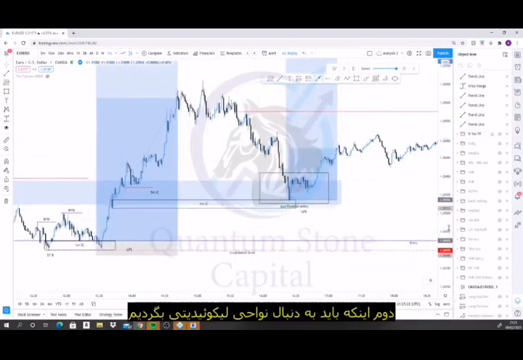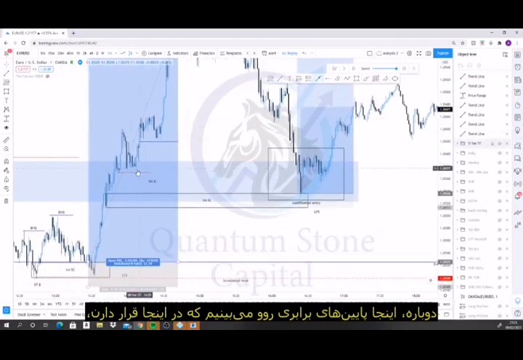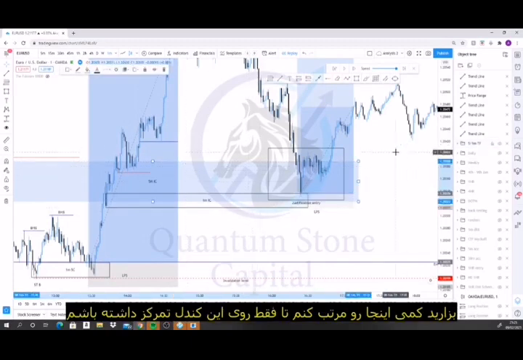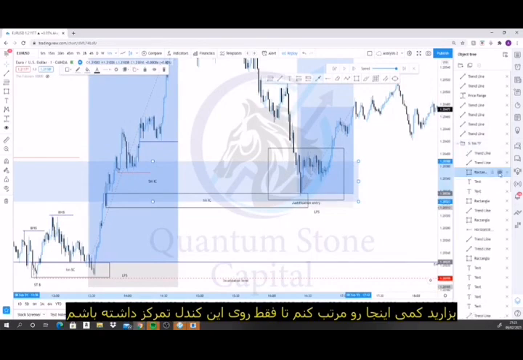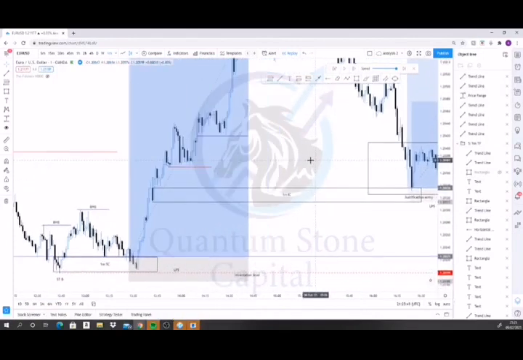Secondly, we want to look for liquidity. So again, I can see relative equal lows present here. I can see relative equal lows present here. If I just remove this for a second, so we can just focus on this candle a bit more. But I see relative equal lows present over here.